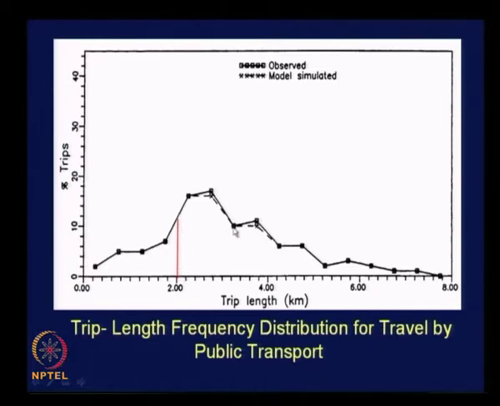And when I produce another point corresponding to a distance of 4 kilometers, it again touches the curve midway between 2 points. Now based on this information, can you tell me what is the distance segment that has been considered for drawing this trip length frequency distribution curve?